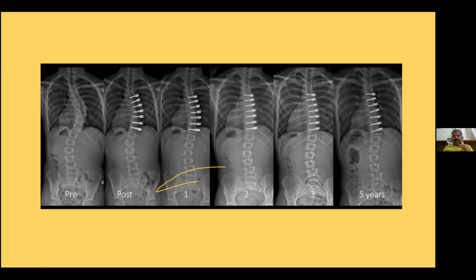And if at all you're using it, sometimes once the correction is achieved, you may have to do a thoracoscopic release of the tether. As for the recurrence rate, we still do not know whether it can happen or not.